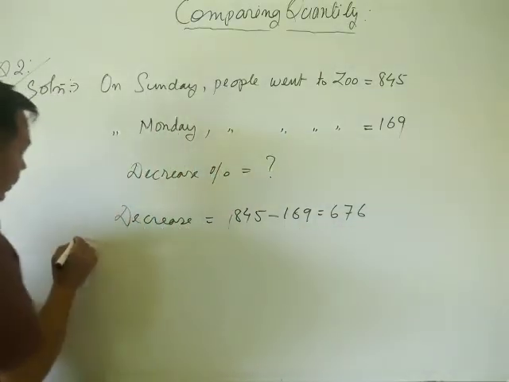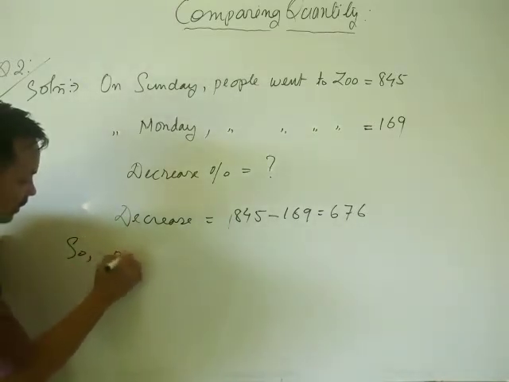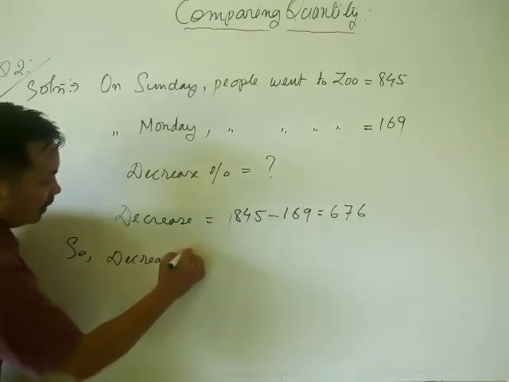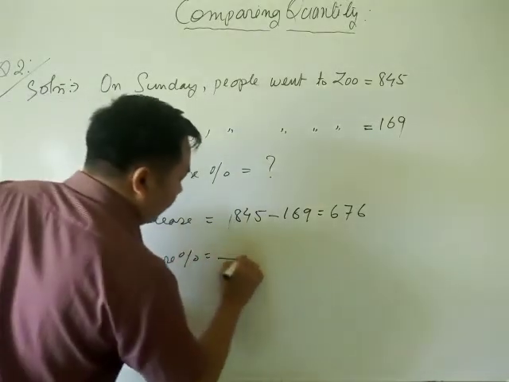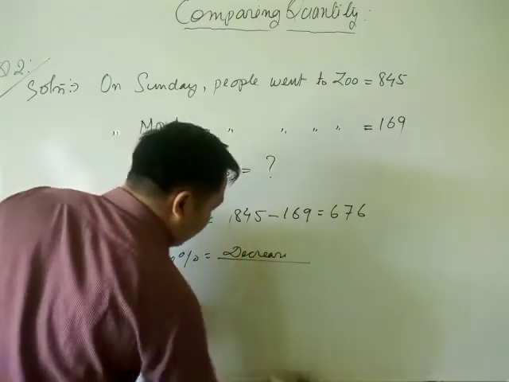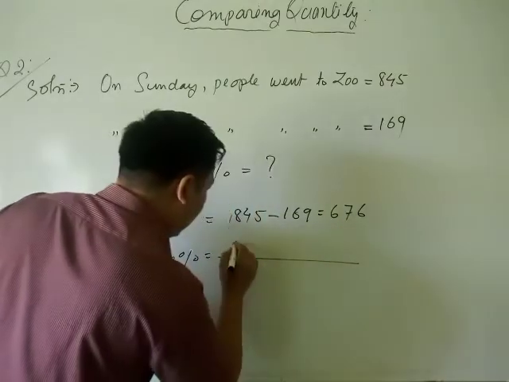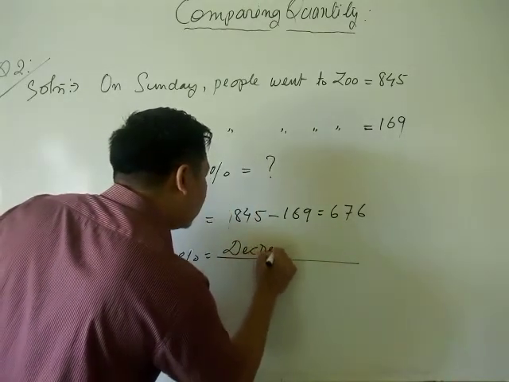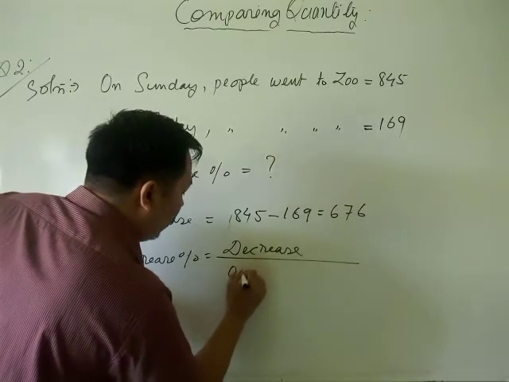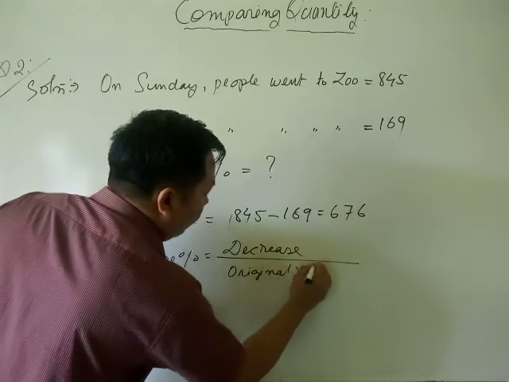Then we know that the decreased percentage will be the decrease divided by the original value.